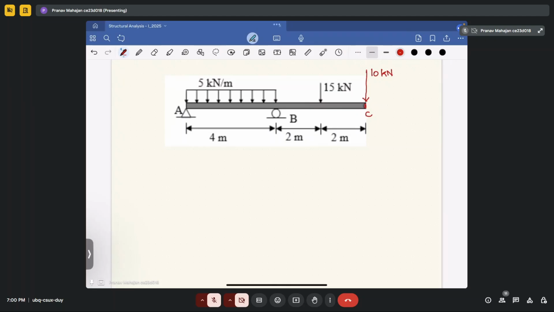Now you have to determine the value of reaction at A. So let's say this is RA, this is RB.